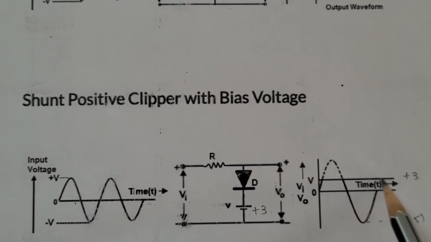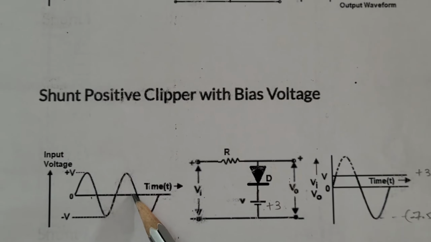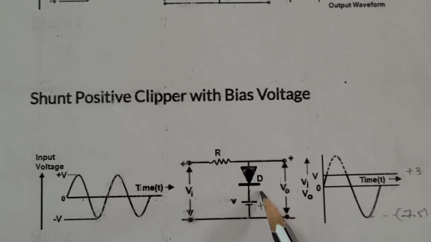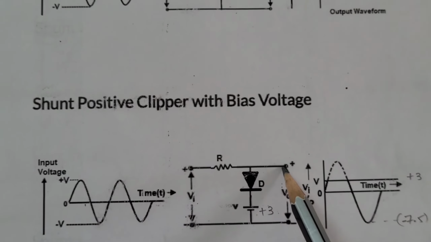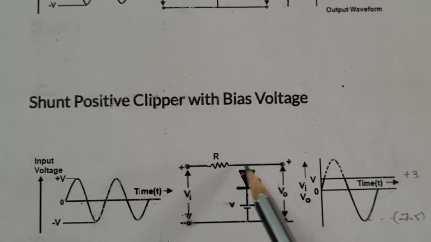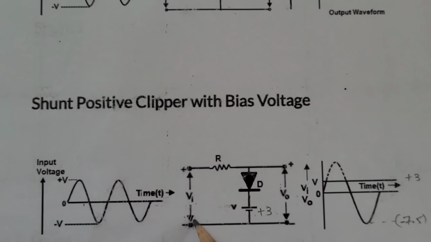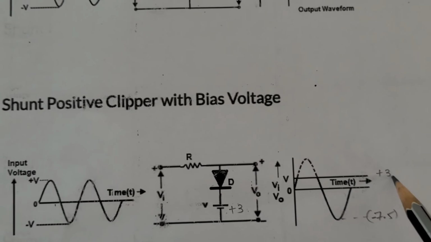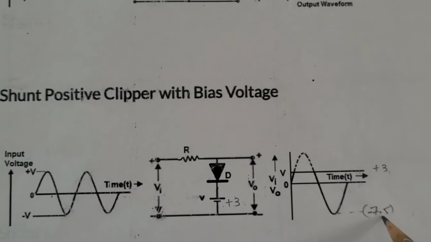During the negative half cycle of the AC input, the diode is reverse biased and an open circuit is established. Hence, the output will have the same input voltage during the negative half cycle. So Vmax of output is plus 3 volt, V minimum is minus 7.5 volt.